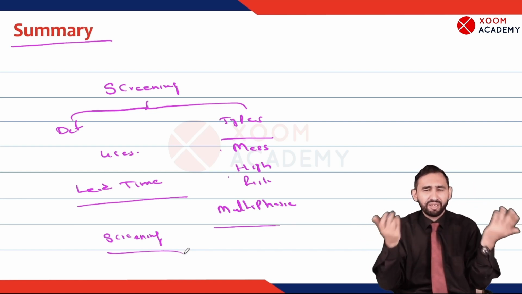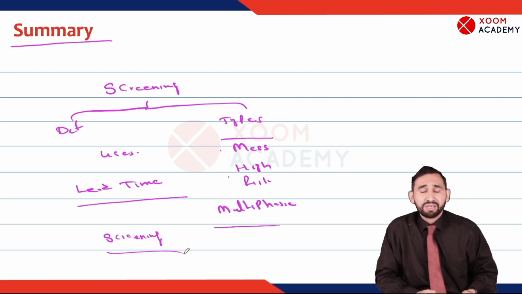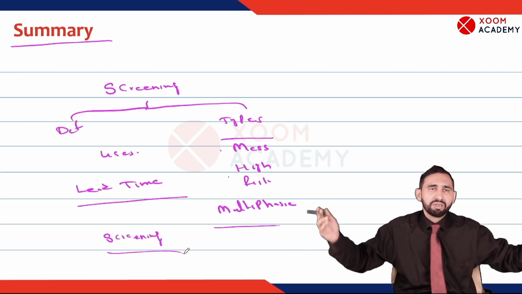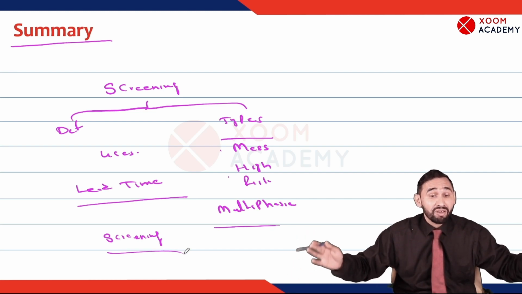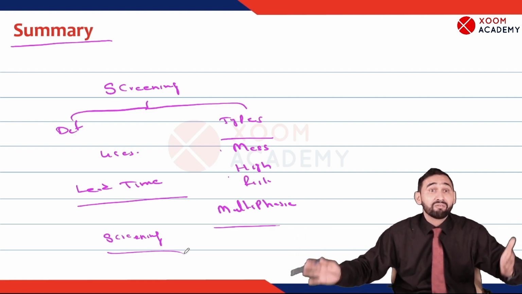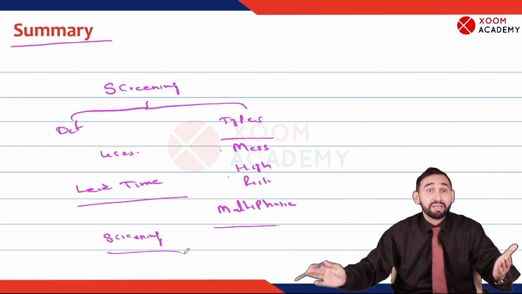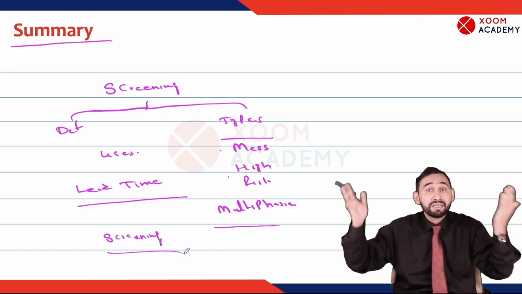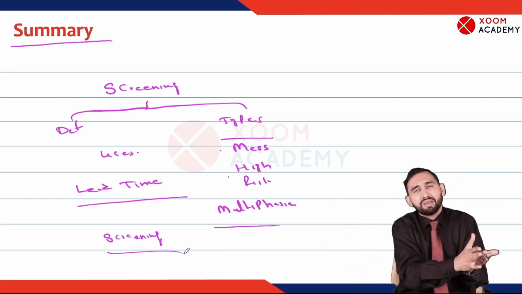There are various stages in the development of disease. Like in natural history, we discussed that it's an unfolding process from risk factor to outcome. But between them, there are phases: pre-pathogenesis phase, early pathogenesis phase, late pathogenesis phase. Then there is outcome. Outcome depends on the severity of these phases.